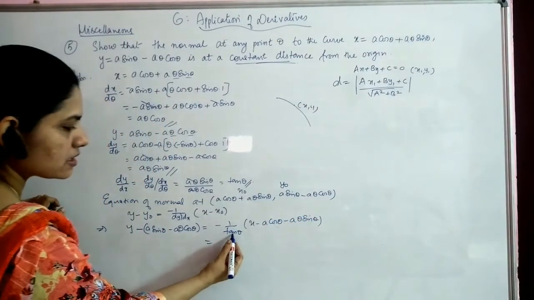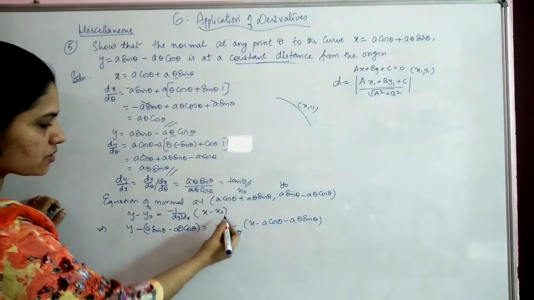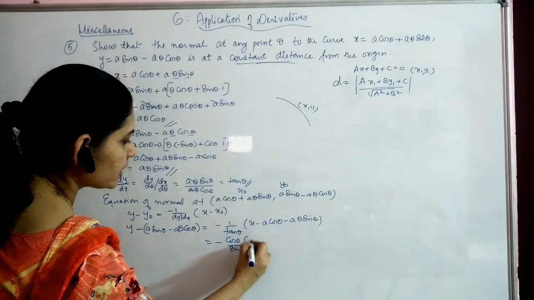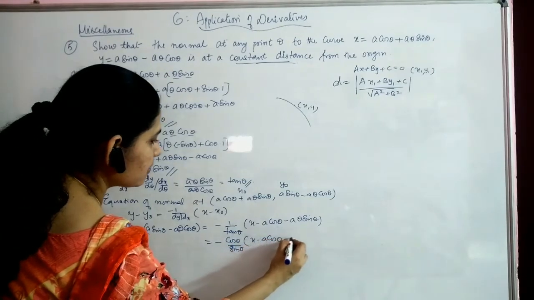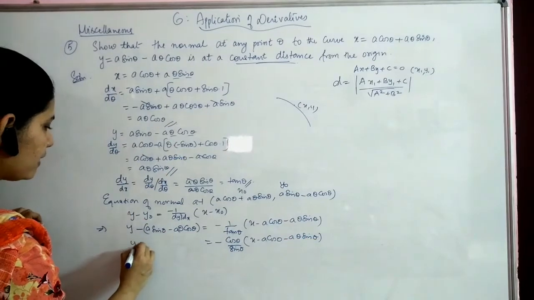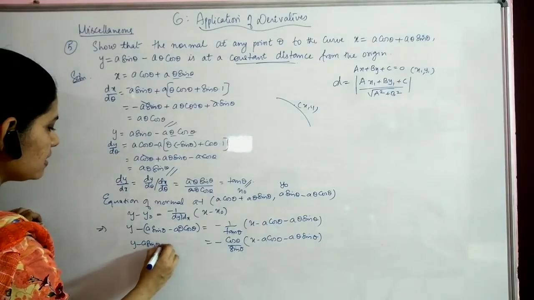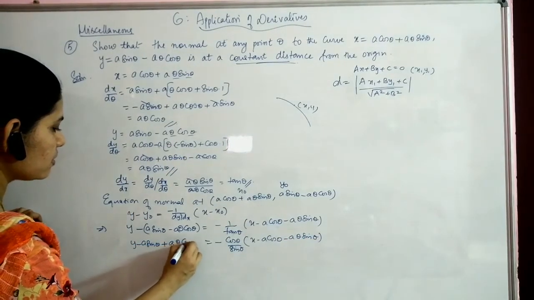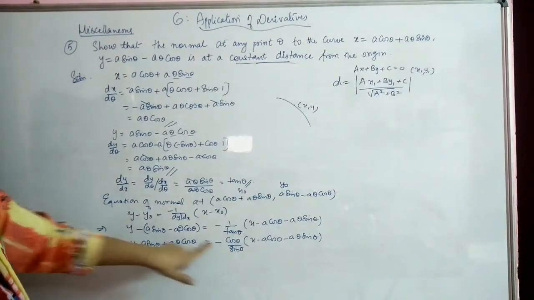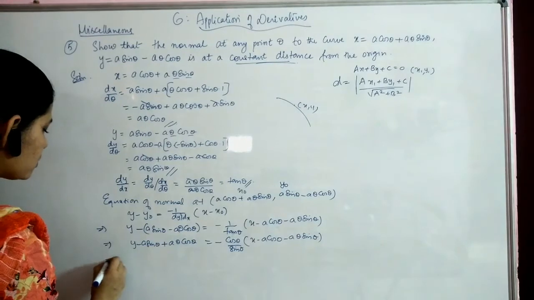Here in the denominator, sin theta by cos theta, so it will become cos theta by sin theta into x minus a cos theta minus a theta sin theta. And here you have y minus a sin theta plus a theta cos theta. Now I will just take this to the other side, that is cross multiplying.